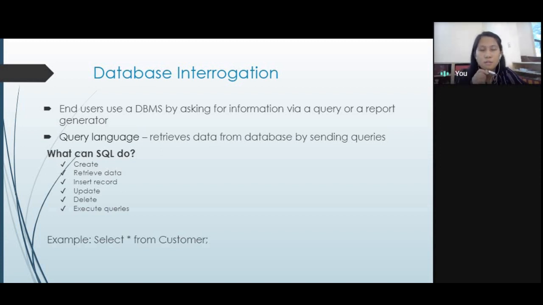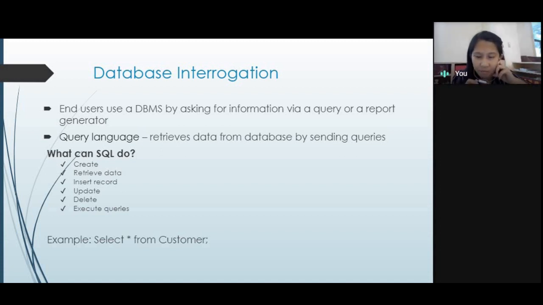It can create stored procedures and views in a database. SQL can also retrieve data from a database. It inserts records in the database, updates records, and you can also delete records. SQL can also execute queries against a database.